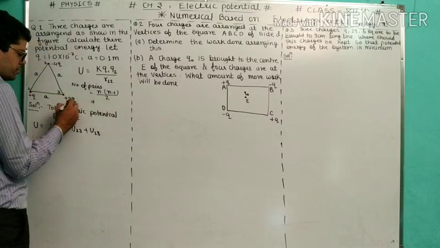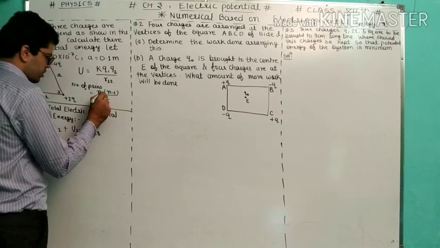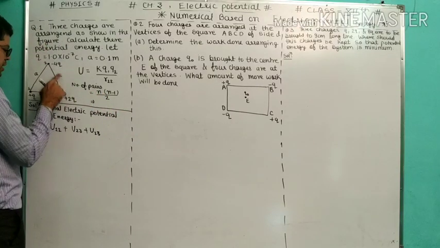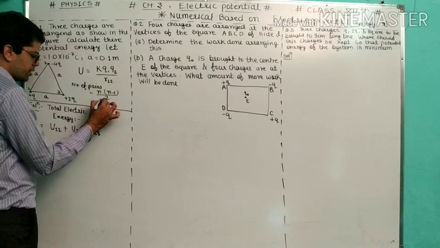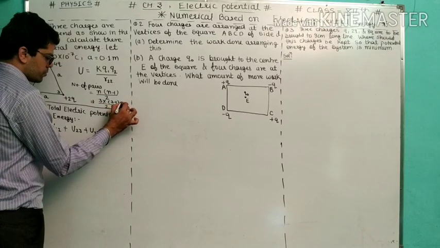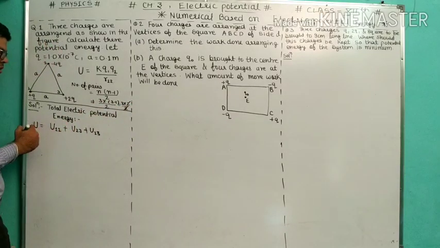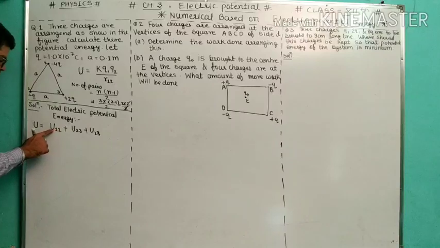Here the value of n, the number of charges, is 3. So 3 into 3 minus 1 divided by 2, that is 3 into 2 divided by 2. The 2s cancel, and the answer is 3. So there are 3 pairs of electric potential energy.